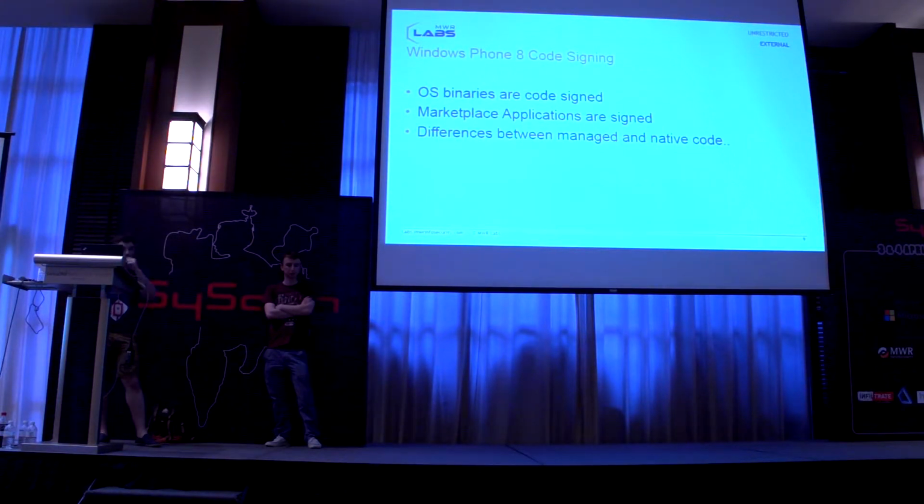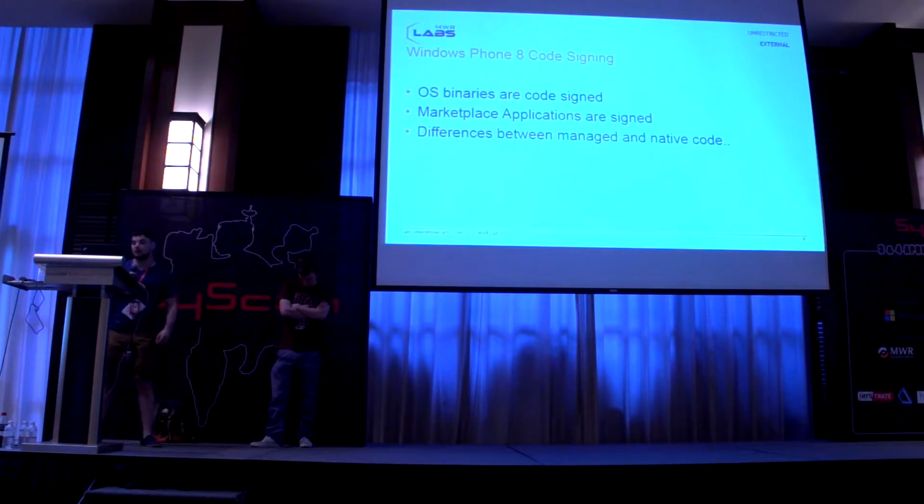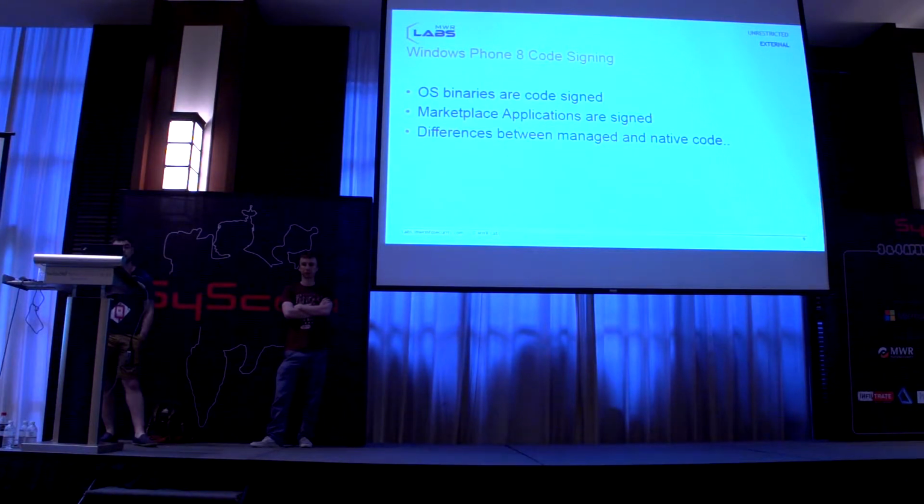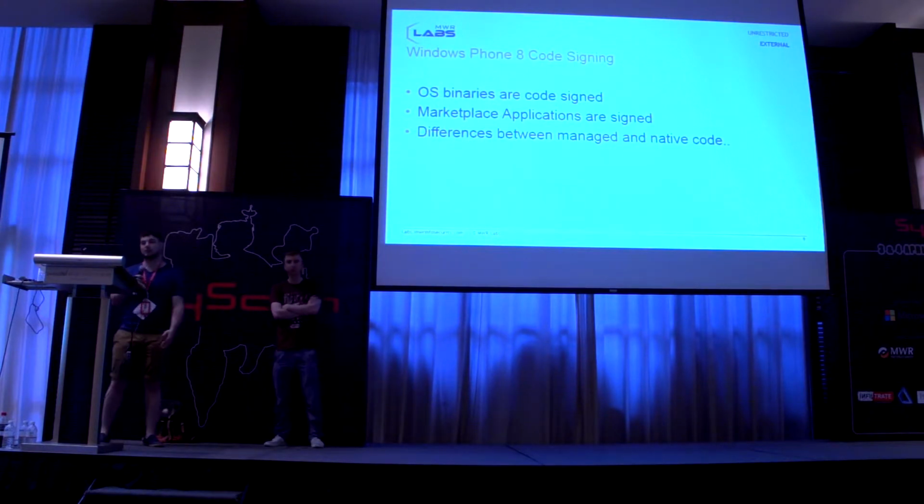The code signing seems to have a few discrepancies that we've not really got to the bottom of. Native and managed code seem to be affected differently by post-installation patching. Tampering with managed code seems to work fine. As long as you've got access to the file system, which I'll talk more about getting later, you can modify the .NET and applications will run just fine, but any modification of native code causes the app to crash.